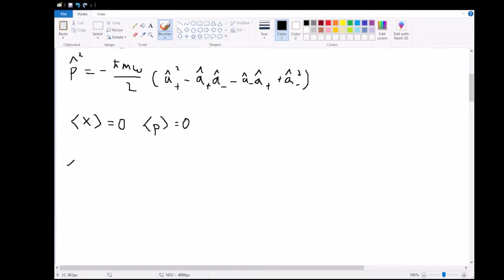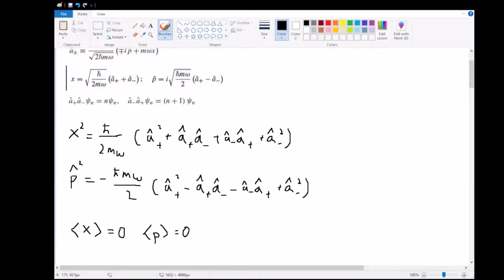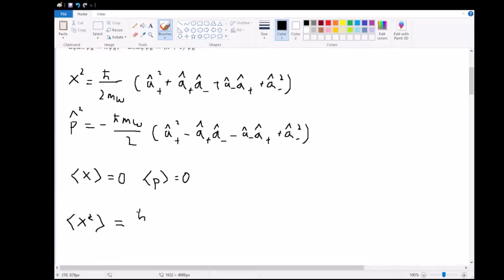So we can automatically expunge these from our integrals, and what we're left with is that the expectation value of x squared is going to be equal to this constant at the front of h bar over 2m omega times the integral from negative infinity to positive infinity of psi n multiplied by this a hat plus a hat minus, and a hat minus a hat plus term.